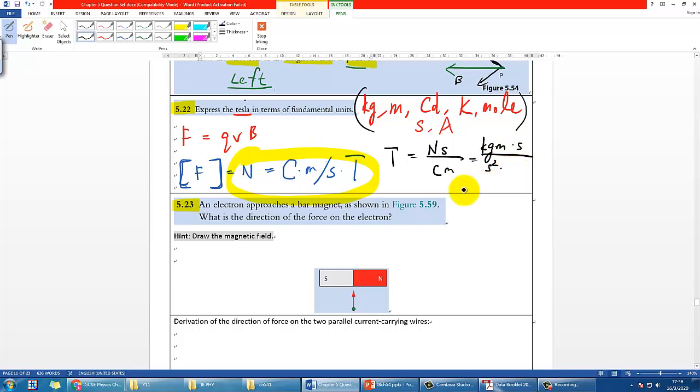Coulomb actually is the idea of charge, and if you remember, current is charge over time, so ampere equals Coulomb per second. So Coulomb is ampere times second, so A S in this case. And for meter, it is simply a fundamental unit.